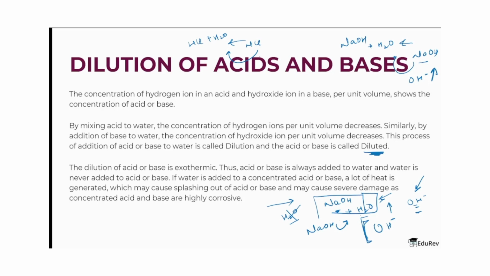But instead of HCl, if I added water in this, I was reducing the concentration of H positive ions per unit volume that was initially present when the mixture of HCl and H2O was there. In that case, I could say that I was making it more dilute.